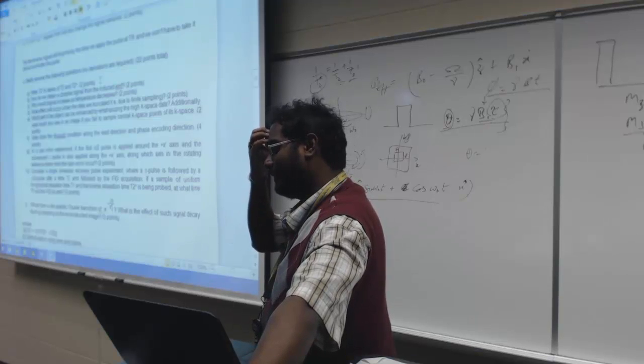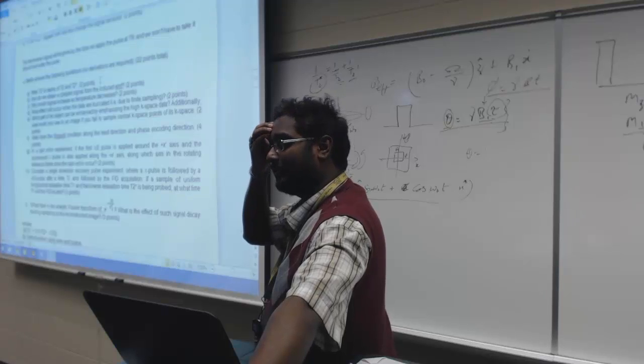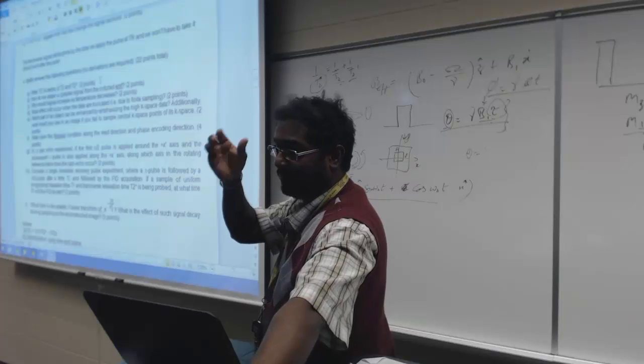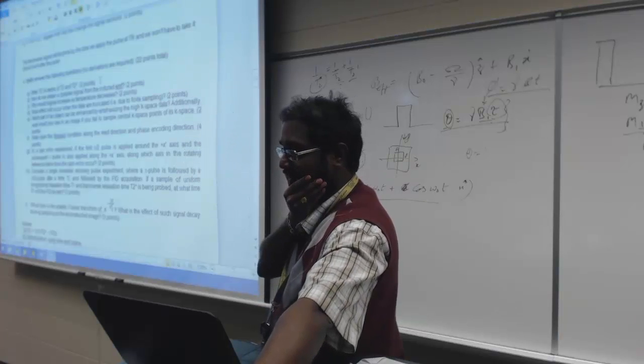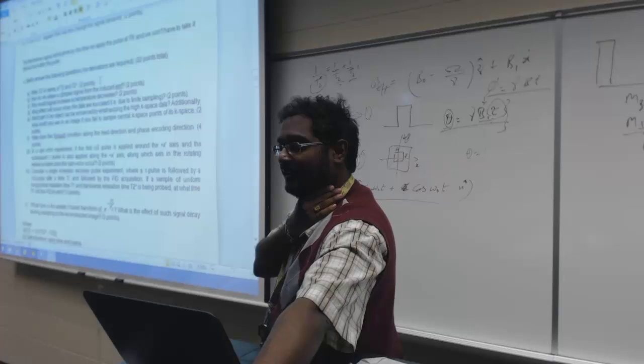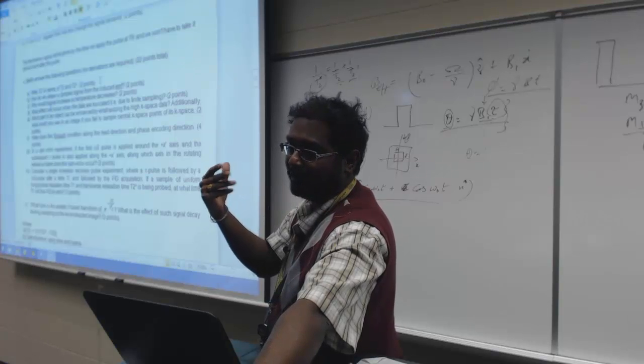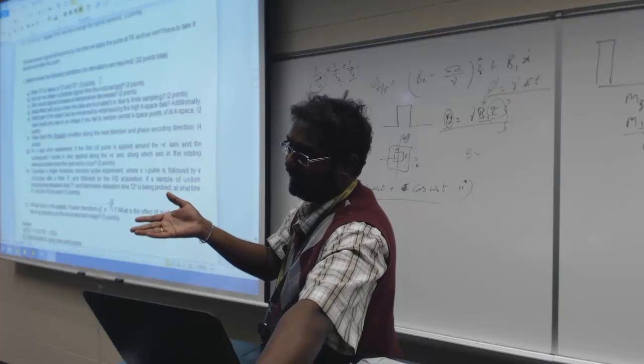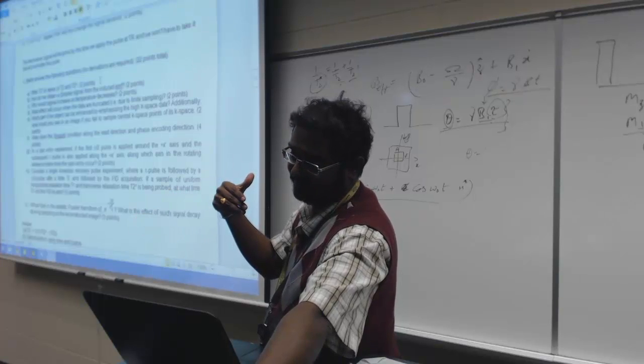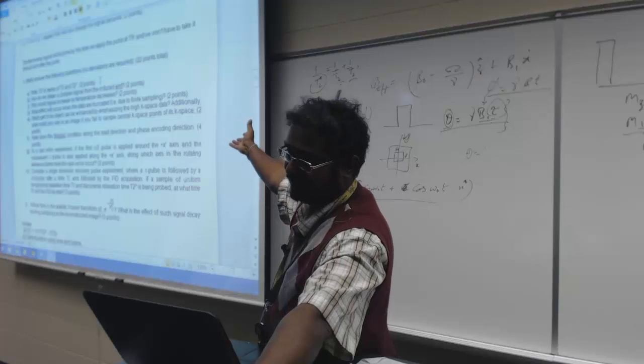One of the key points of the chapter before the 7th, I think it's 4 or 6, is that the number of protons available to give you the signal is inversely proportional to your temperature, right? So that was the point this was testing.